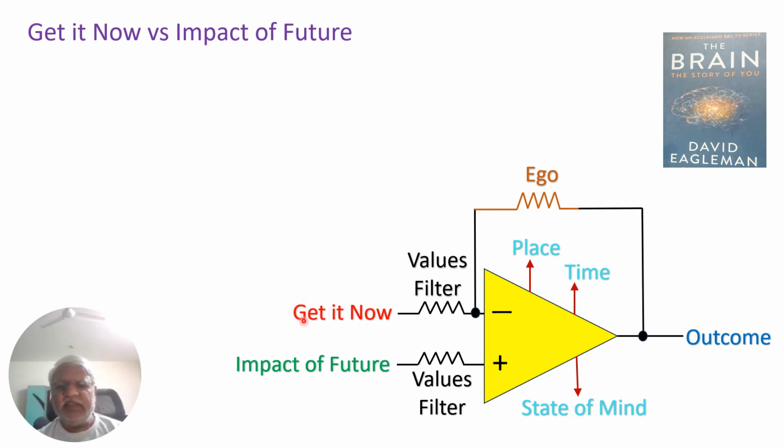Especially in the case of get-it-now, the seduction of immediate satisfaction or craving plays a dominant role in decision making. Especially when you are taking quick decisions, assume you have gone into a mall and you see something and you just want to buy it.